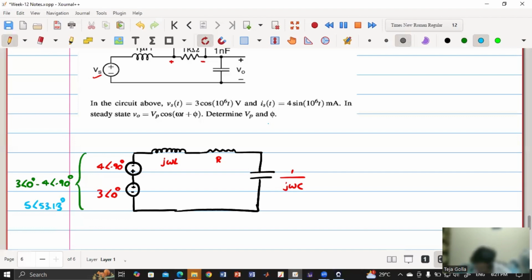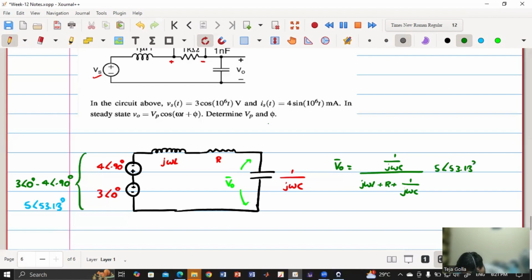Now they have asked again for the V naught phasor, which we have to calculate. Again, we'll write the V naught phasor, which is 1 by j omega C divided by j omega L plus R plus 1 by j omega C, into 5 angle 53.13 degrees. So this is the voltage.